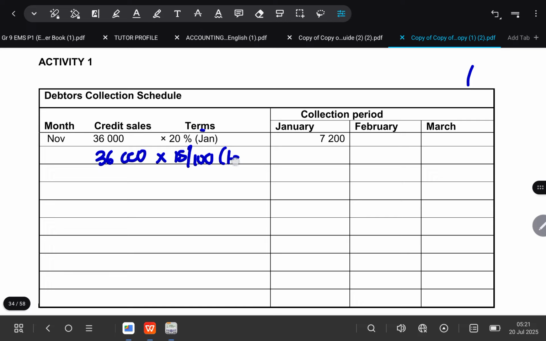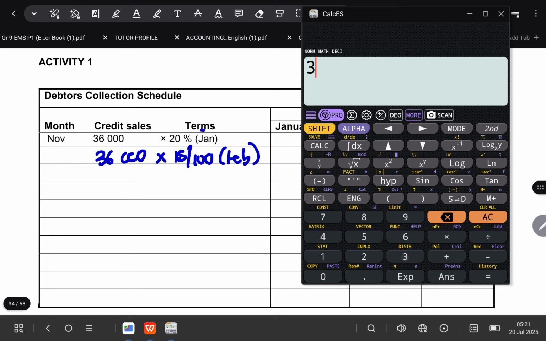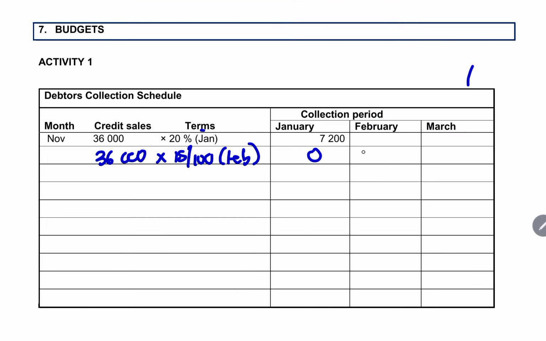So here I'm going to put nothing for that 15%. Now if we say 36,000 times 15 divided by 100, it gives us 5,400. So it means 5,400 will be collected in February.